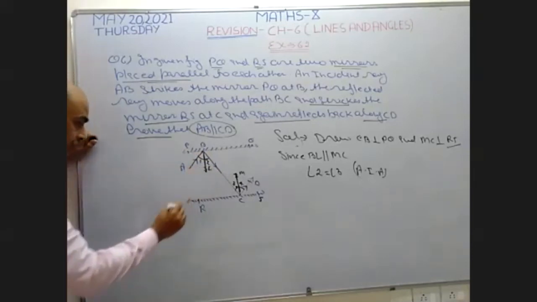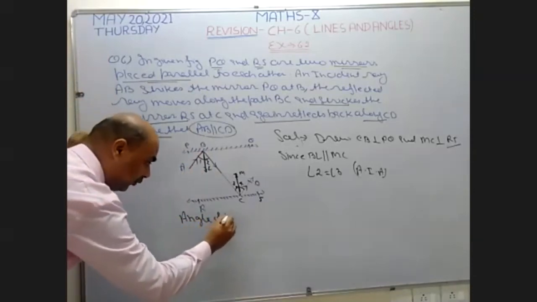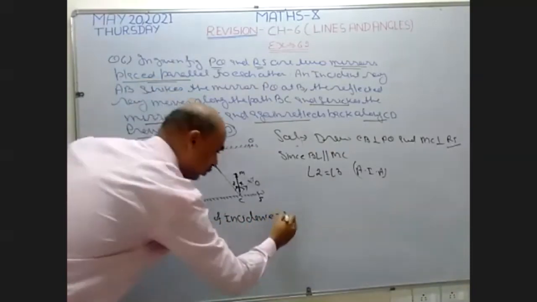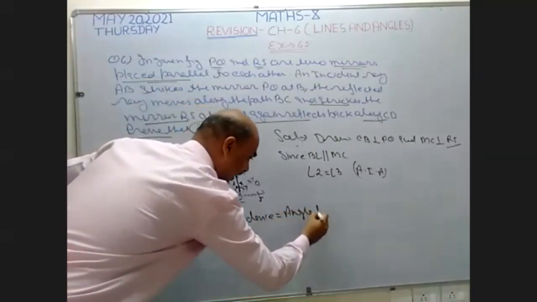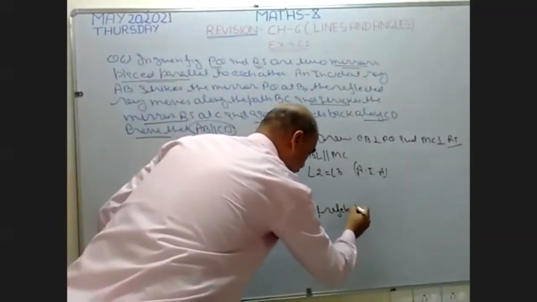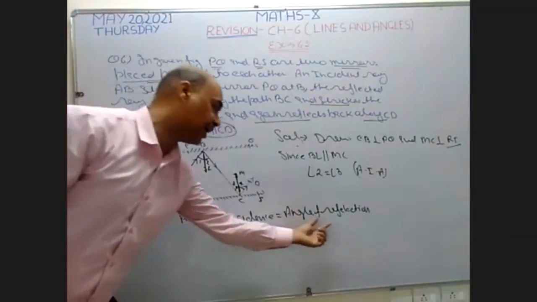This angle 1 is known as the angle of incidence. Angle of incidence is equal to angle of reflection.